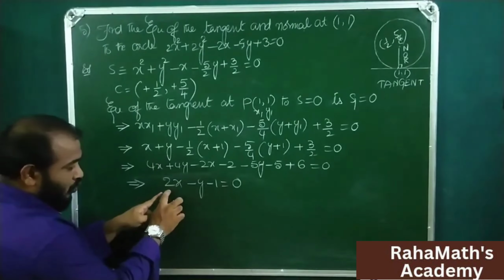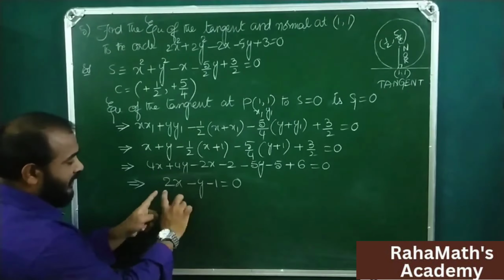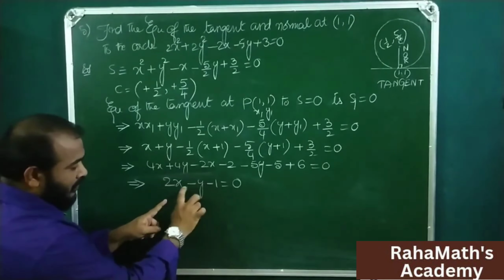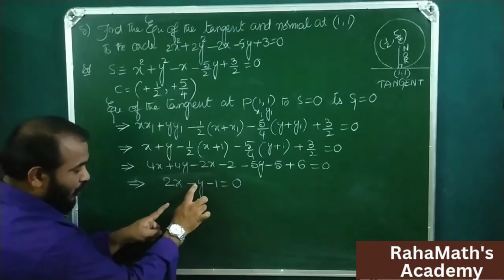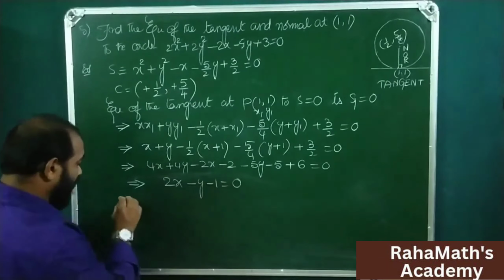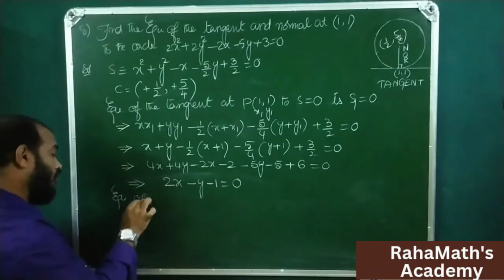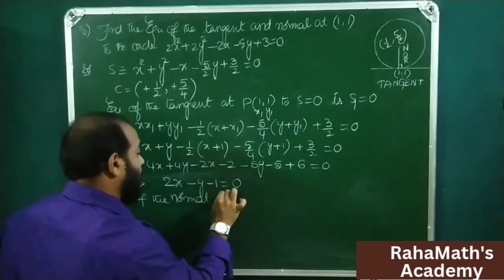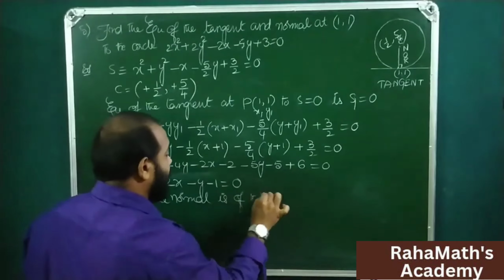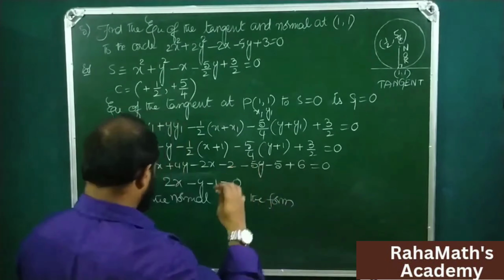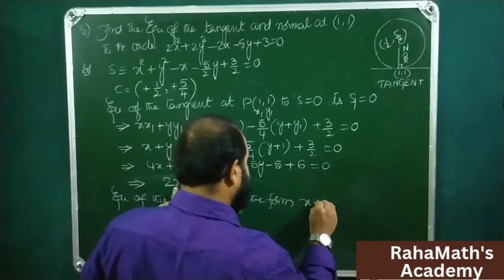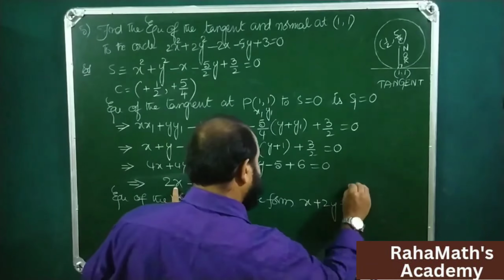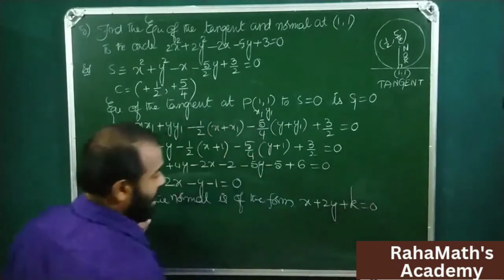The x coefficient 2 and y coefficient 1 are interchanged, and the minus symbol in between you have to replace it by plus. So the equation of the normal is of the form x plus 2y plus k equals 0.